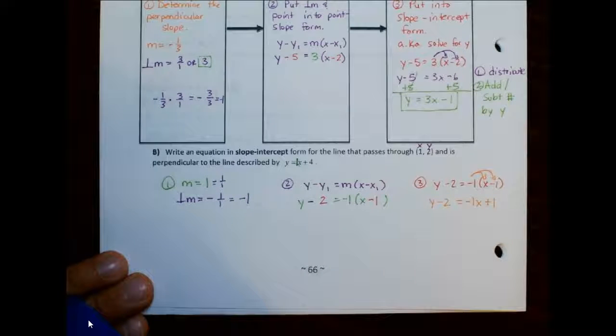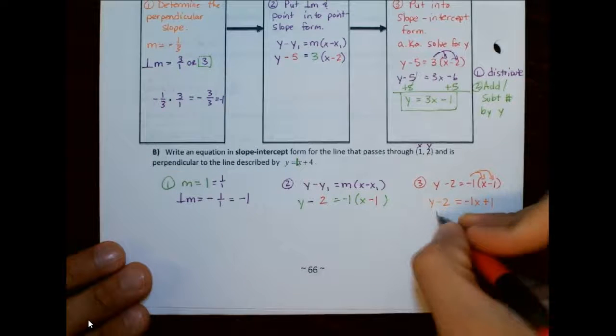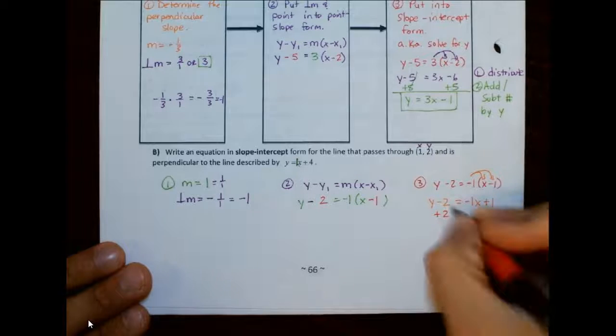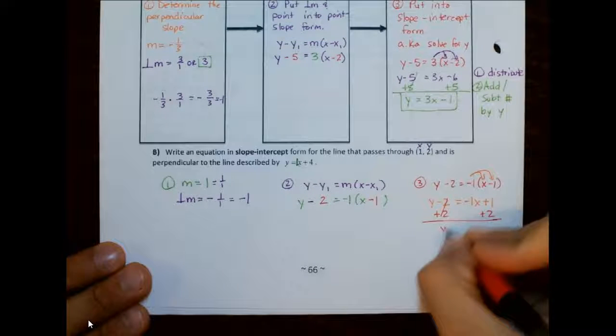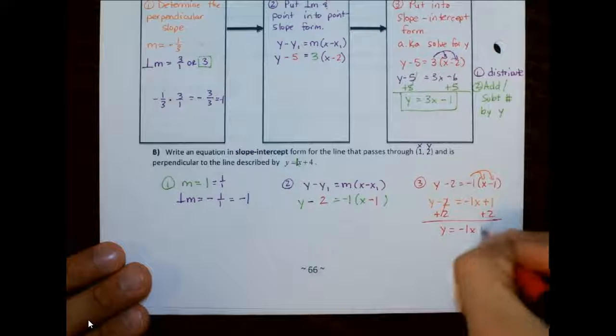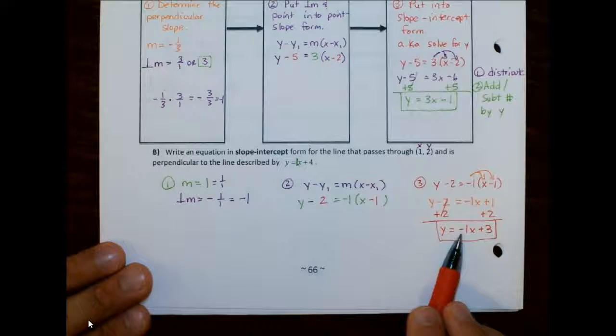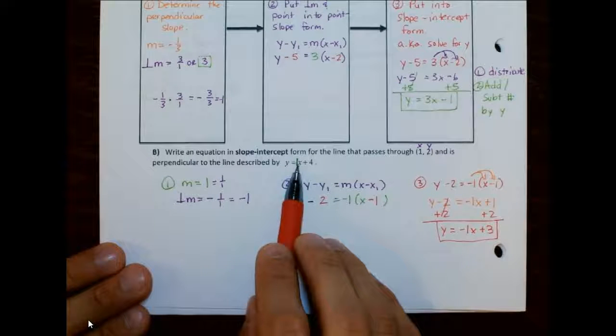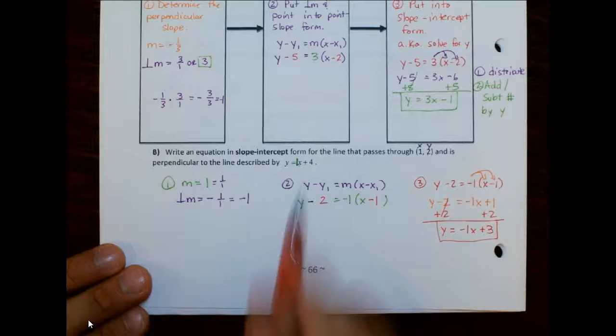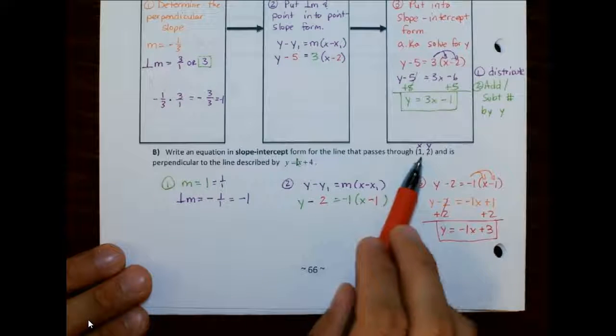From there, I want to add 2 to both sides to get y by itself. So y equals negative 1x plus 3. So this line is perpendicular to the given line because my slopes are opposite reciprocals and it goes through the given point.